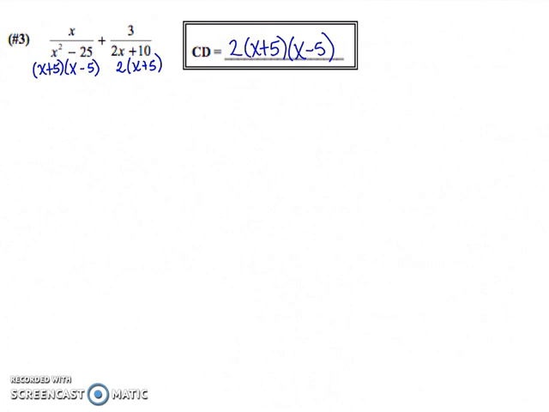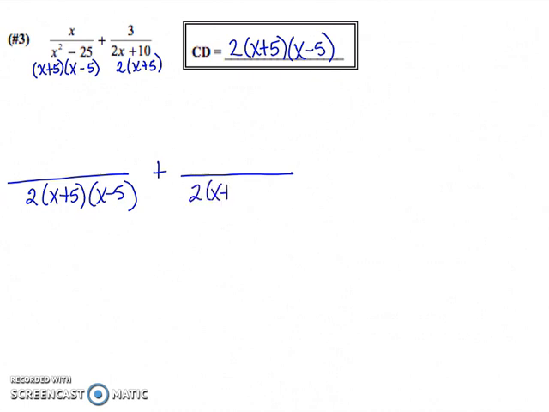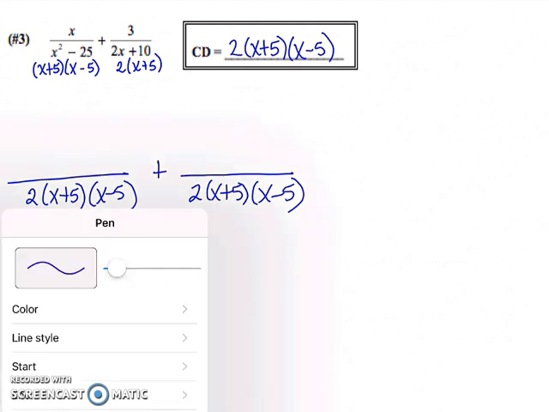All right, now let's make our 2 new fractions. Both of them are going to have our common denominator of x plus 5, x minus 5. And now we just have to figure out what are we doing to change the denominator. So what do we have to do to change our numerators?